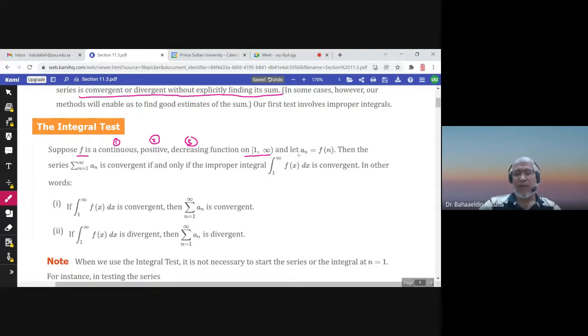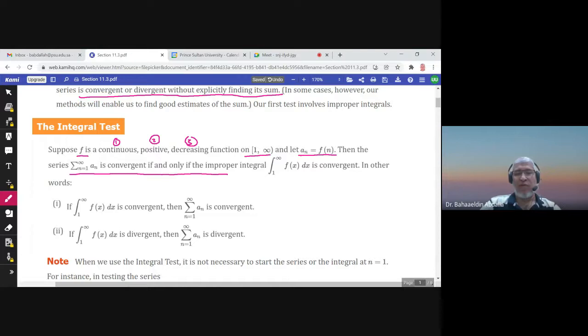And a_n equals f of n. So there is a series that has the same definition as the function, but for integers n equals 1, 2, 3, 4, 5, positive integers.